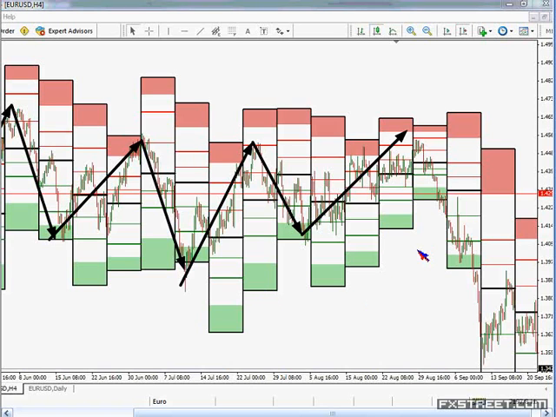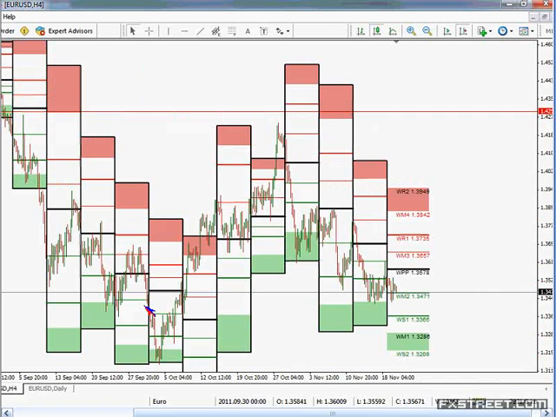I mean, they're also great as additional tools in a toolbox that are combined with other things that you might use. Especially you might just be using them for profit taking. You might look at this weekly pivot.